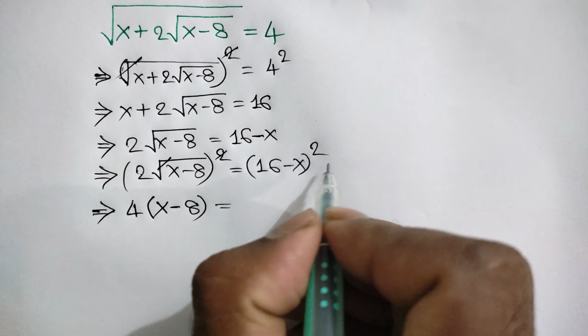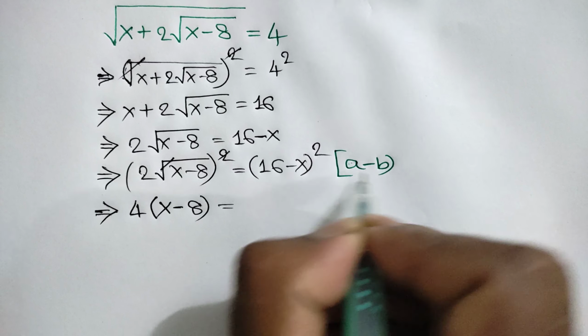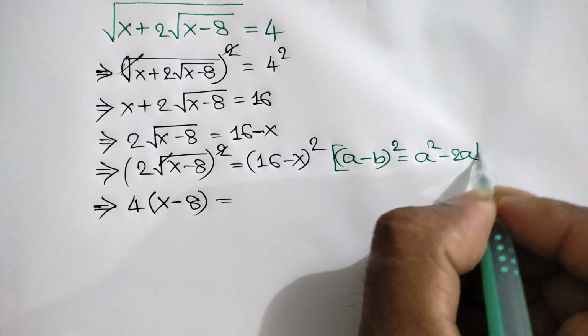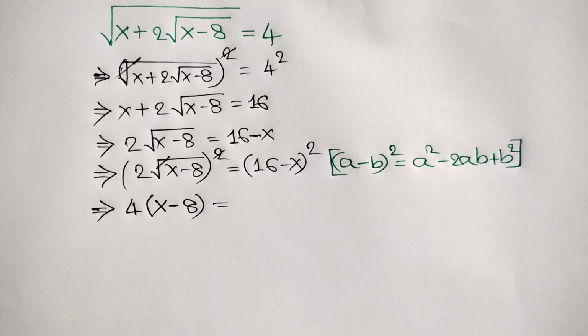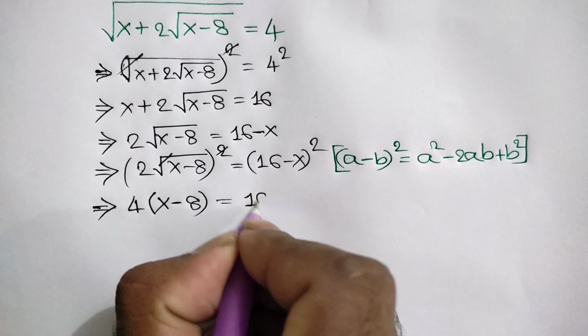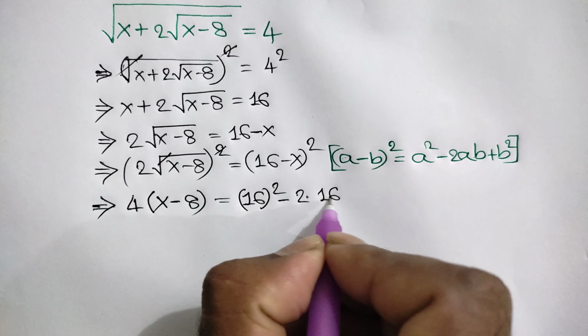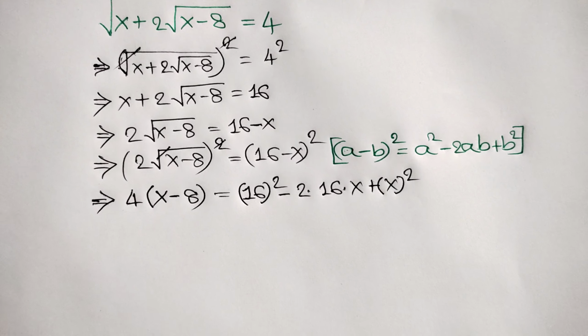Here we can use an algebraic expression. We know that a minus b whole square is equal to a square minus twice ab plus b square. Now applying this rule, we can write 16 square minus 2 times 16 times x plus x square.